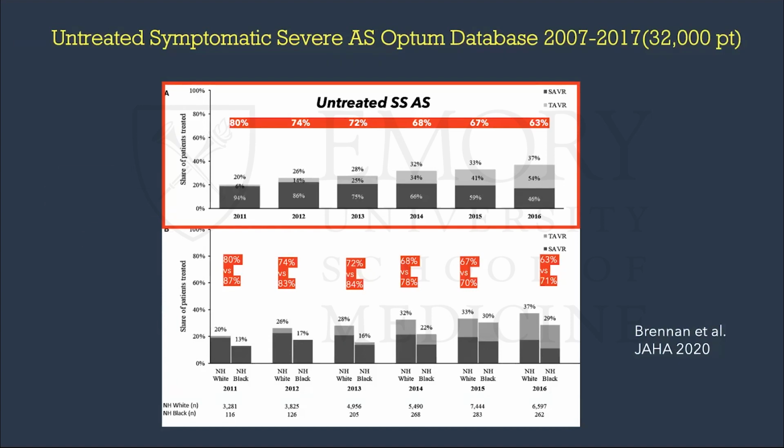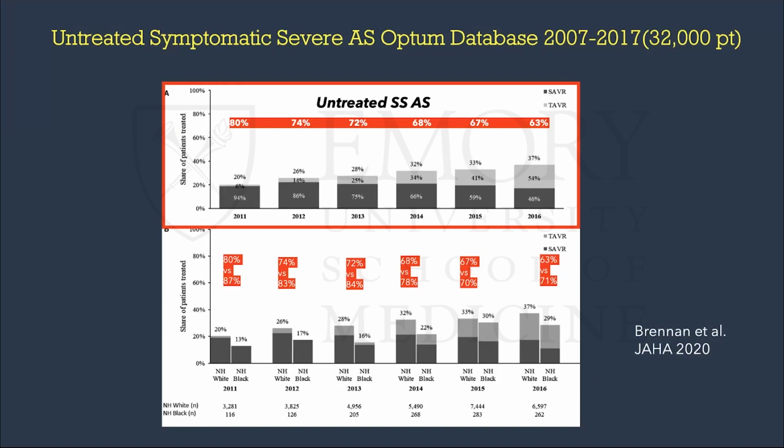So this study looked at 32,000 patients in the Optum database in commercial insurance, and basically found that a significant number of symptomatic severe AS are untreated.